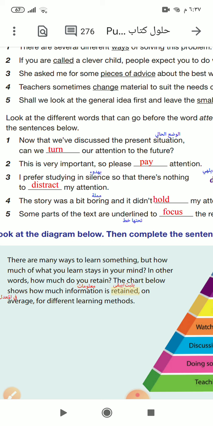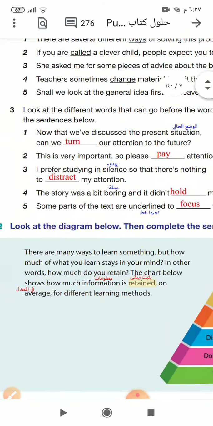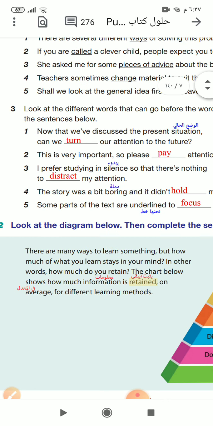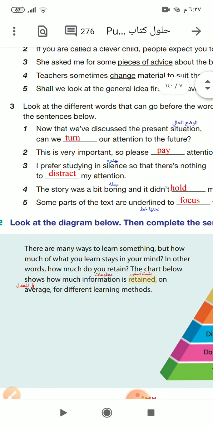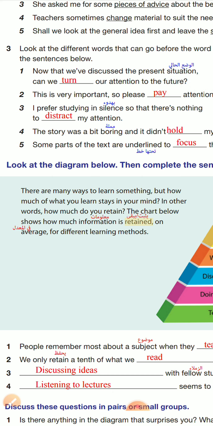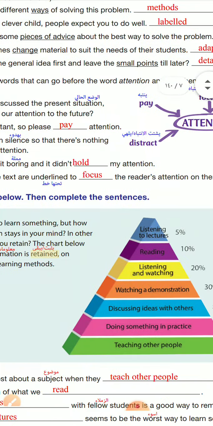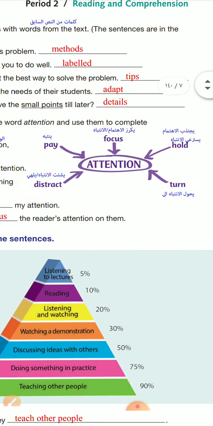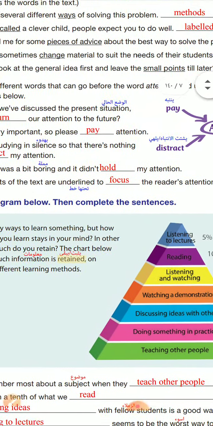Number 3: I prefer studying in silence so that there is nothing to distract my attention. Distract attention, يشتت الانتباه. Number 4: the story was boring, القصة مملة, and it didn't hold my attention, ما جذبتش انتباهي أو ما استرعتش انتباهي.